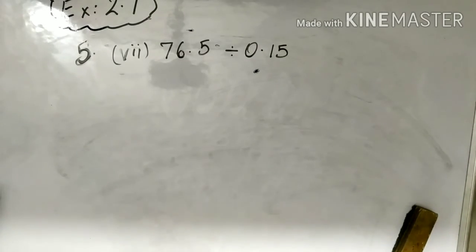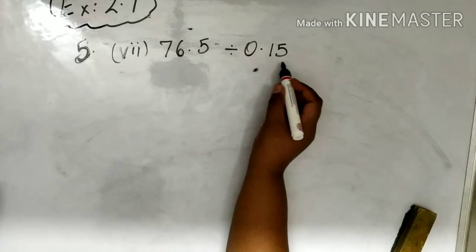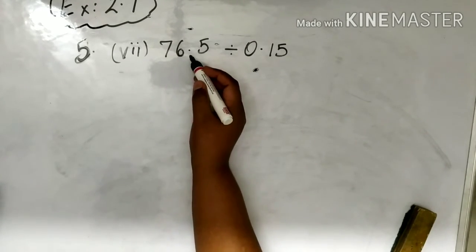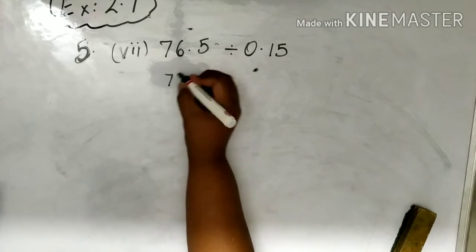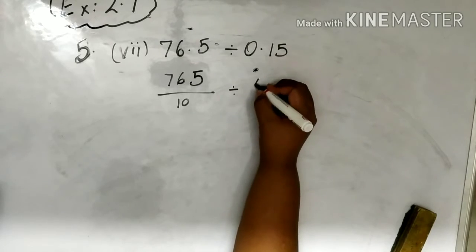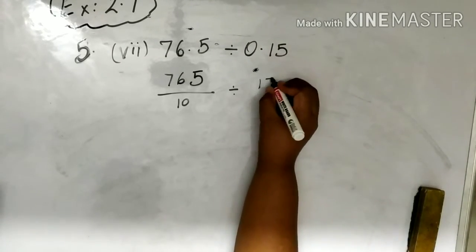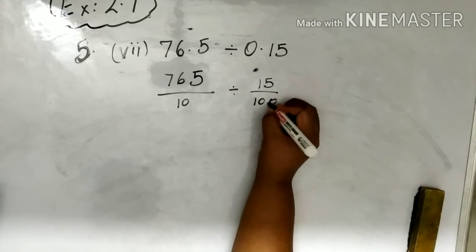Now the fifth question, seventh part says 76.5 divided by 0.15. First step, convert the decimals into fractions. 76.5 is 765 divided by 10, and 0.15 can be written as 15 divided by 100, right?